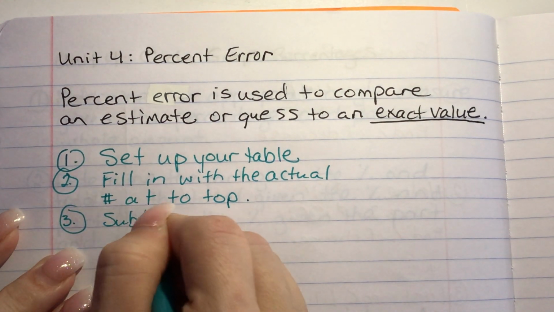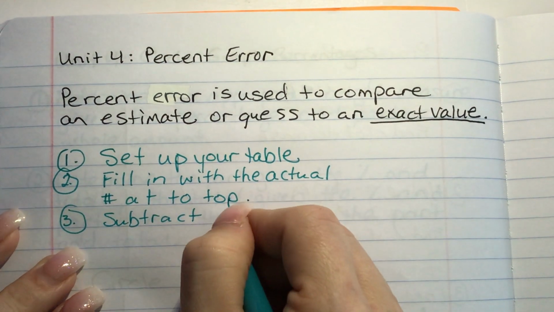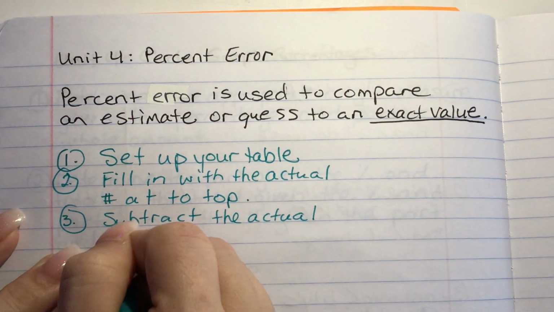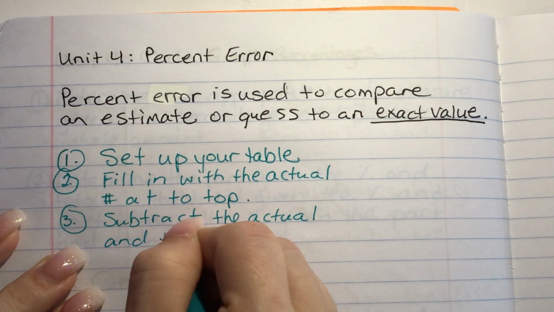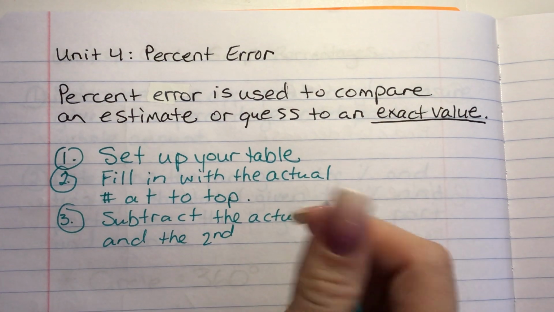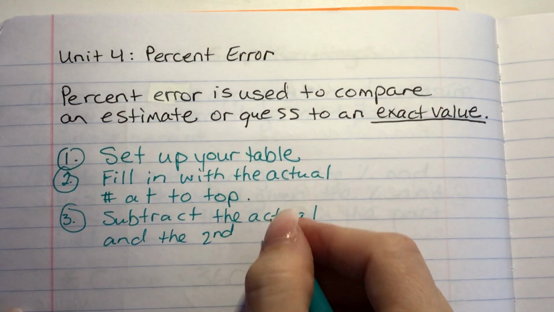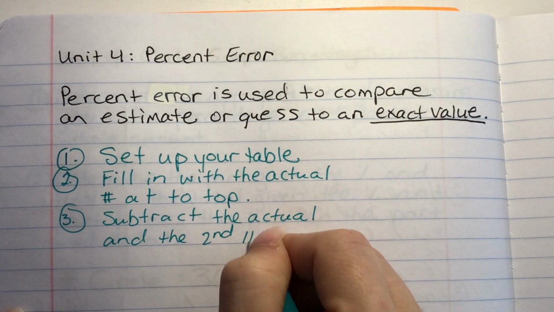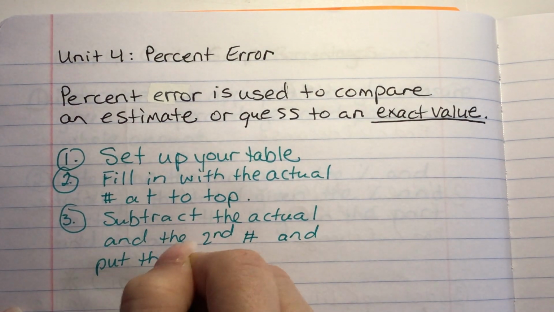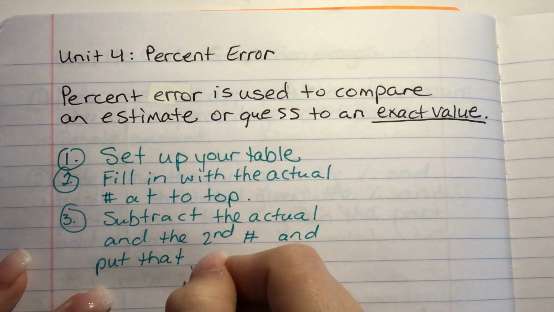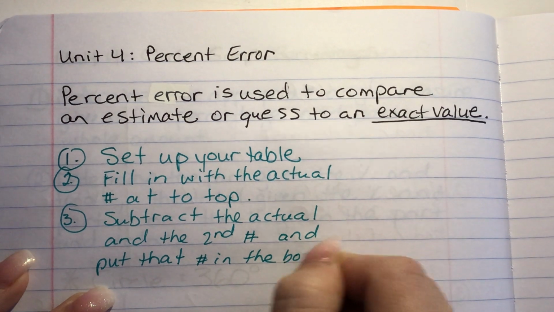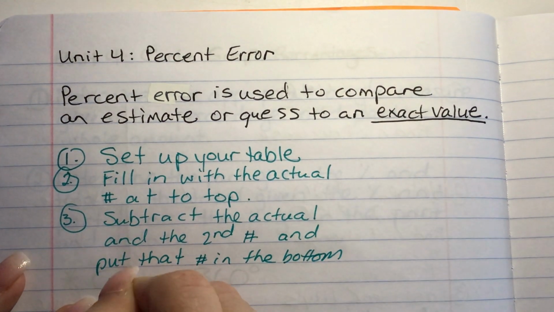Subtract the actual and the second number, not second meaning in order, but second number meaning the other number you haven't used yet, and put that number in the bottom right corner.